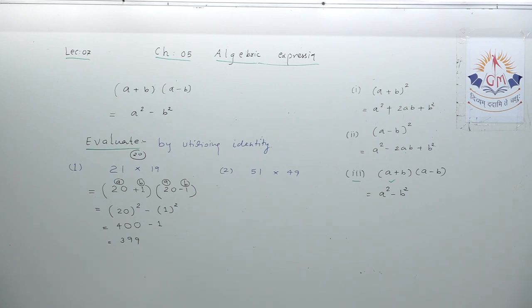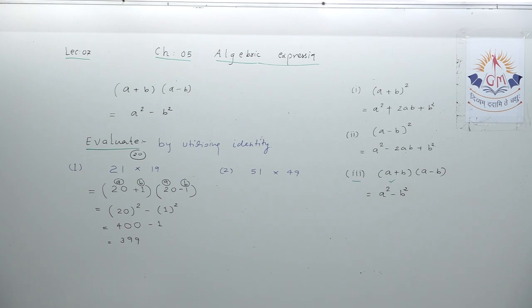Think of a number containing 0 nearer to both the numbers given, 51 and 49, and accordingly split them.